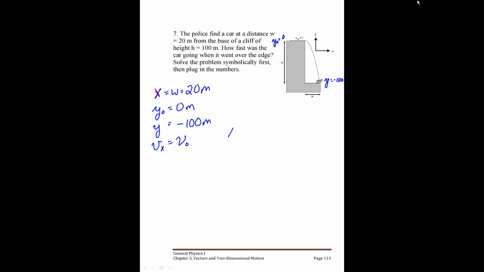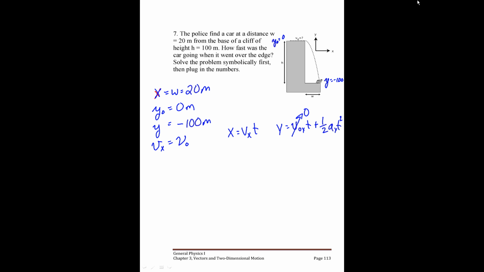I can say that x equals Vx times t, and that y equals V naught y t plus 1/2 a y t squared. I can make some simplifications here. This is 0, so y is just 1/2 a t squared.